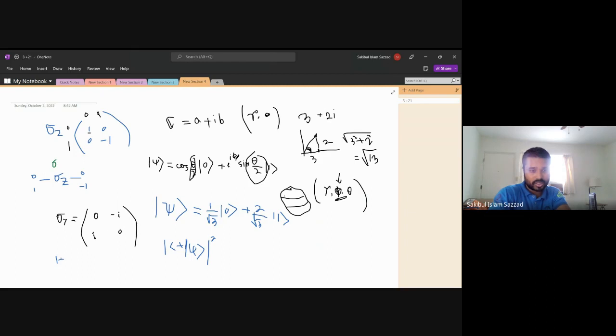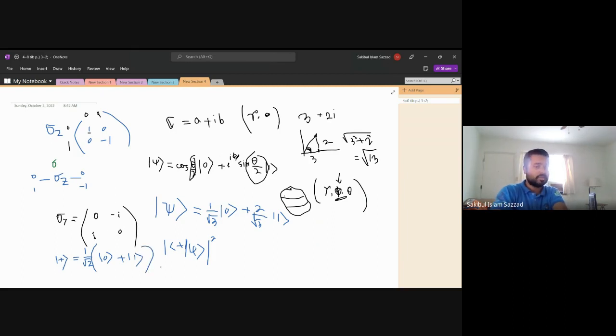Plus is 1 over square root of 2 times 0 plus 1, so before 1 and 0, there is 1 over square root of 2.